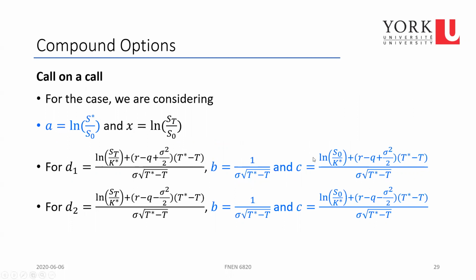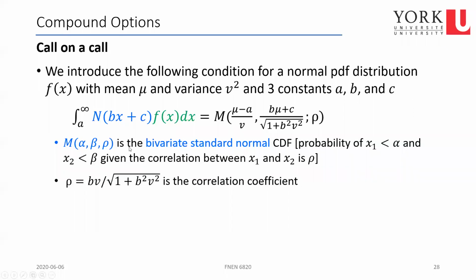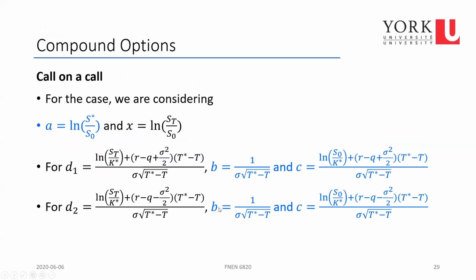And if you put in d2 equal to bx plus c, then b needs to be this, which is the same as in the situation of d1. But for C, the sign is different: plus sigma squared divided by 2 becomes minus sigma squared divided by 2.